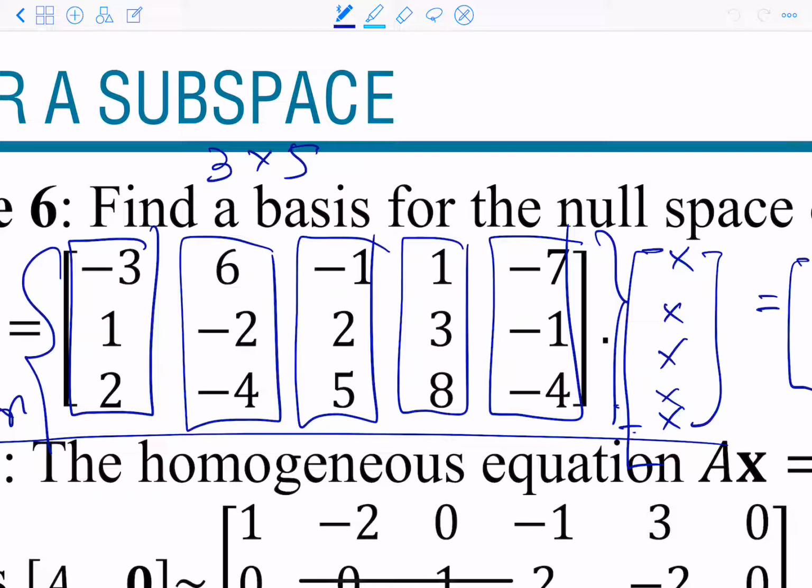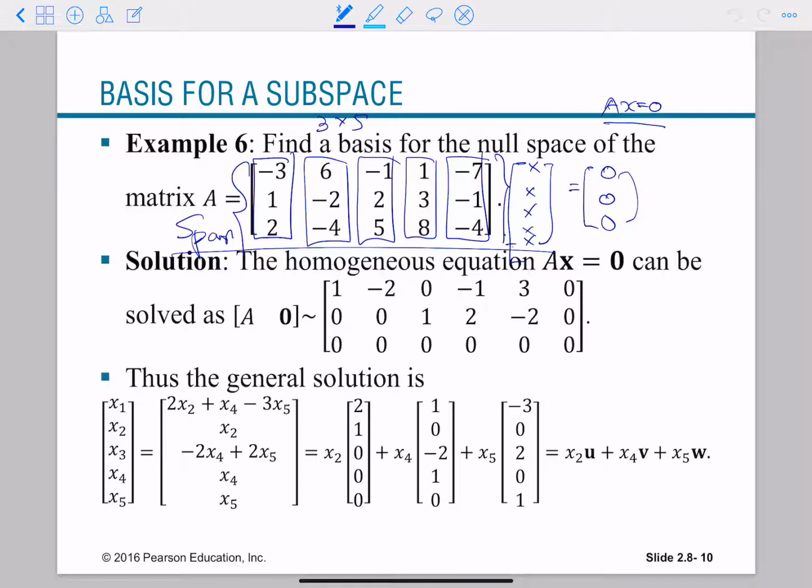How many pivots do we have at most? Here we have 3 pivots at most, so at most 3 columns have pivots, and at least two of the columns will be free variables. So this homogeneous linear system will have a non-trivial solution. We at least guarantee that.